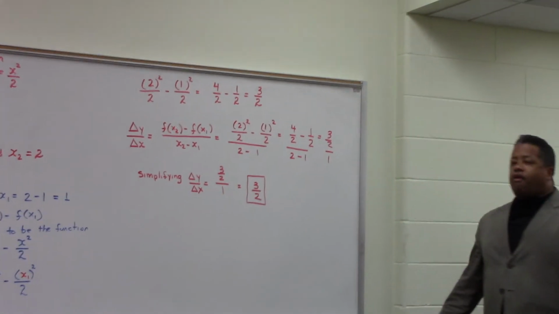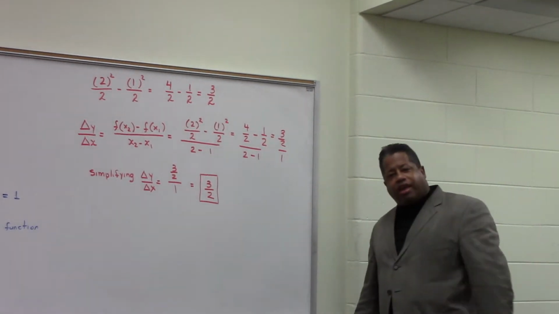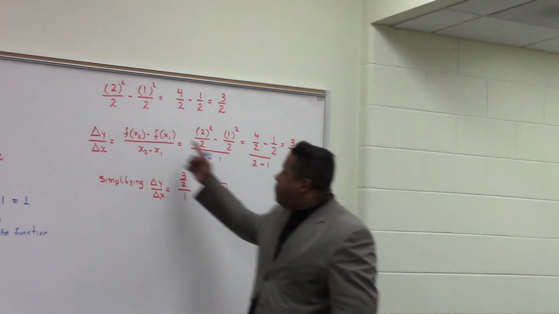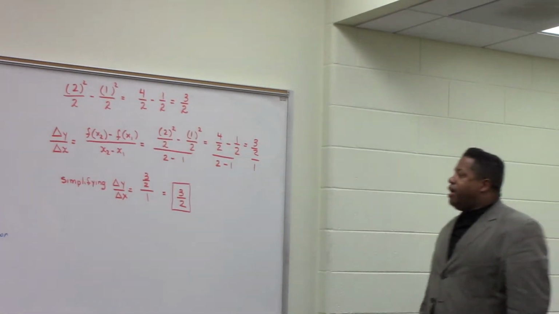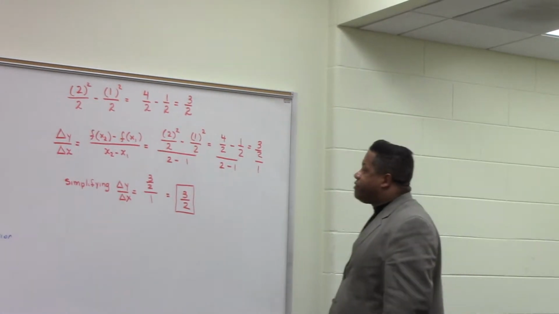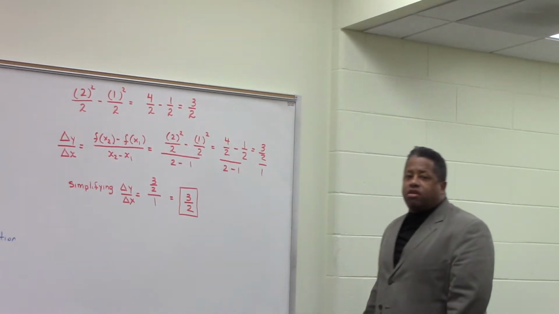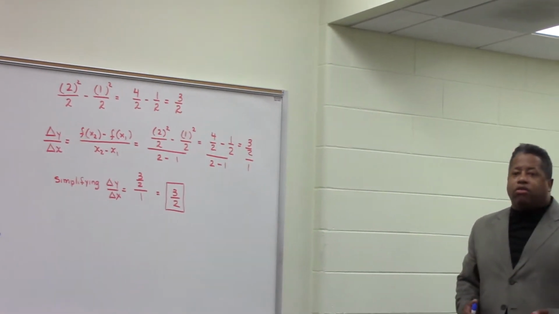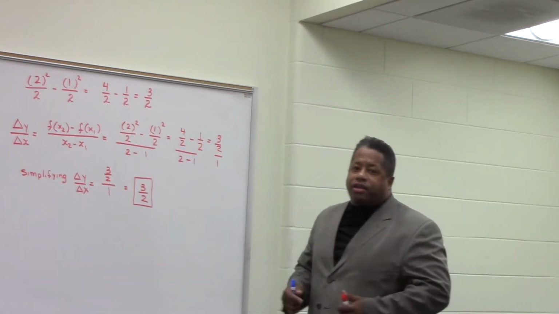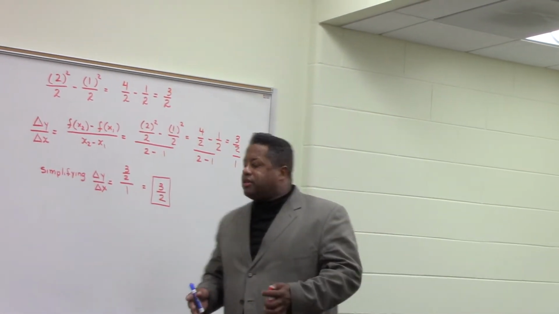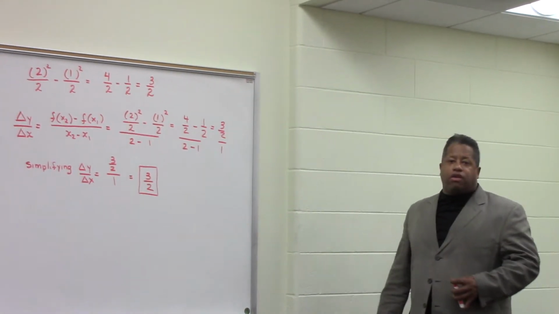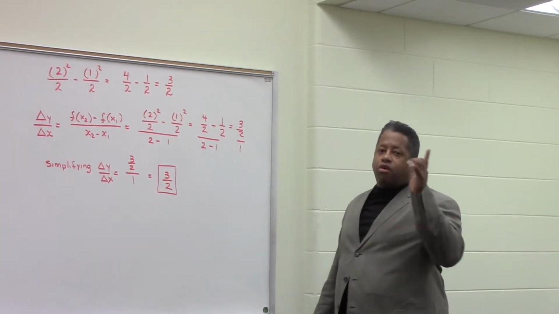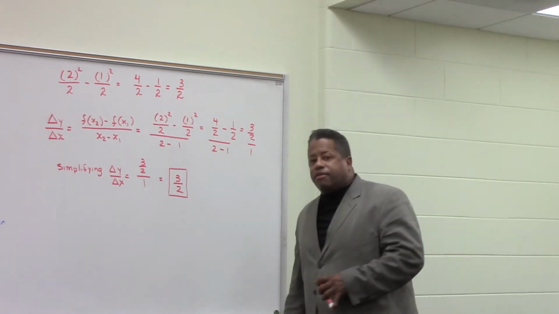So delta y over delta x is the rate of change. So this represents the rate of change, right? So 3/2 is the rate of change. So this is the great thing about mathematics, the algebra and the calculus sequence, because slope can also represent the rate of change, because slope represents the steepness of the line.